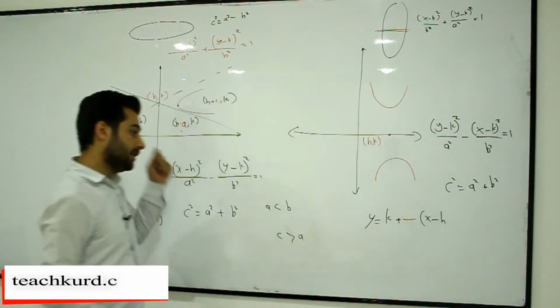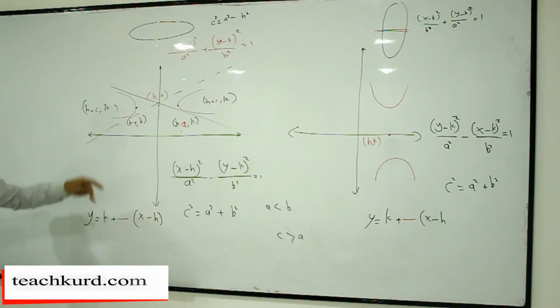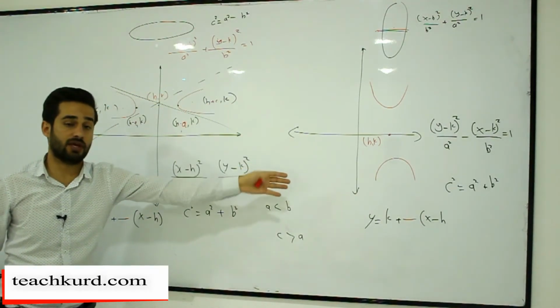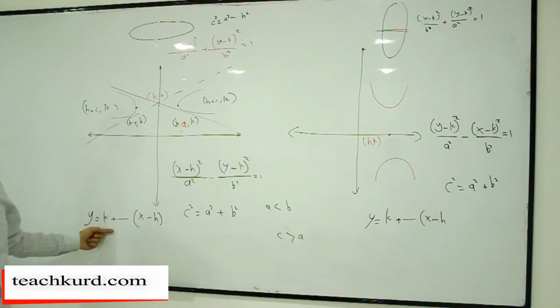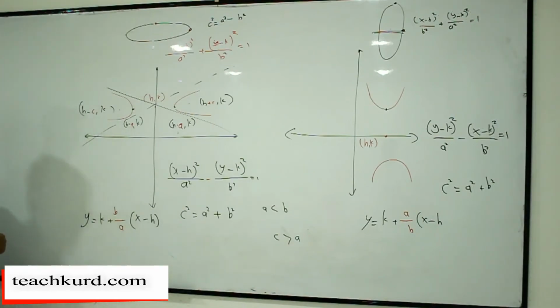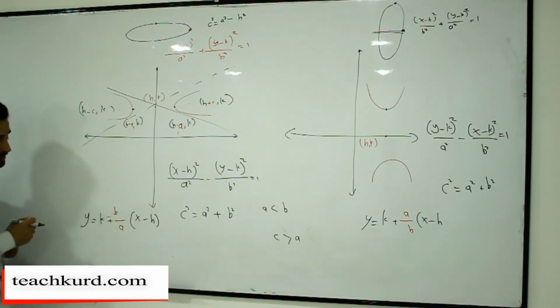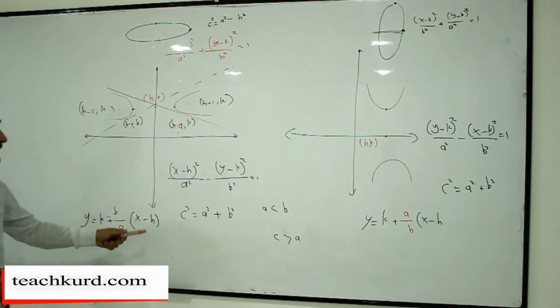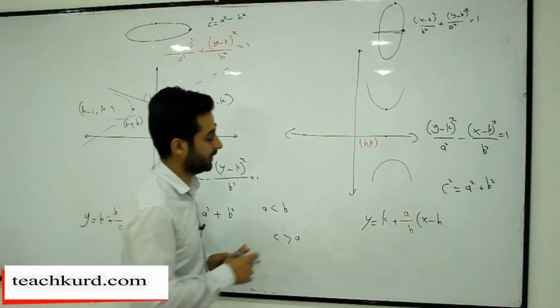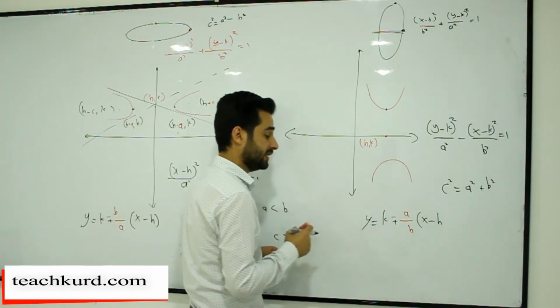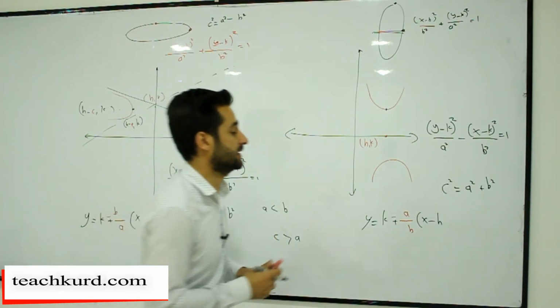Guys, be careful. One of them we have plus and the other minus, so we have to write plus and minus, okay? So y equals k plus or minus b over a, x minus h. And for this one also we have y equals k plus or minus a over b, x minus h.